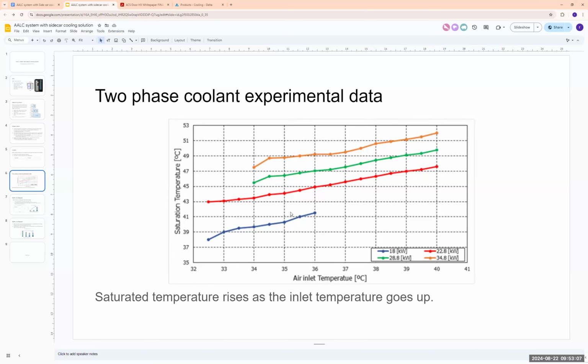So I think we need a marketing presentation here, not a technology presentation. Why would you ever want two-phase? Yes, this depends on the customers. I think all technologies have some pros and some cons.